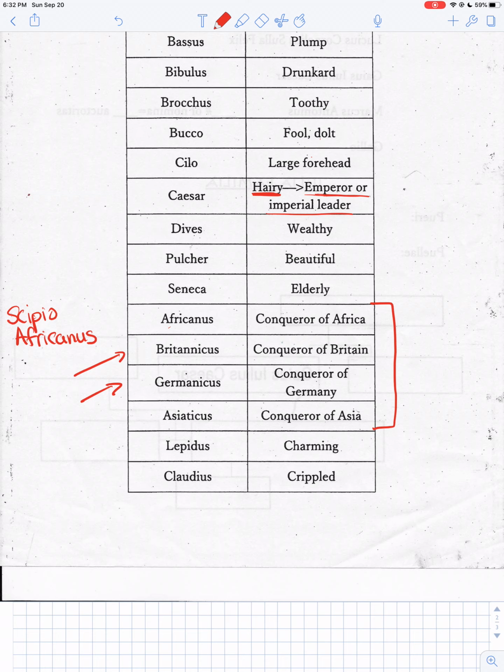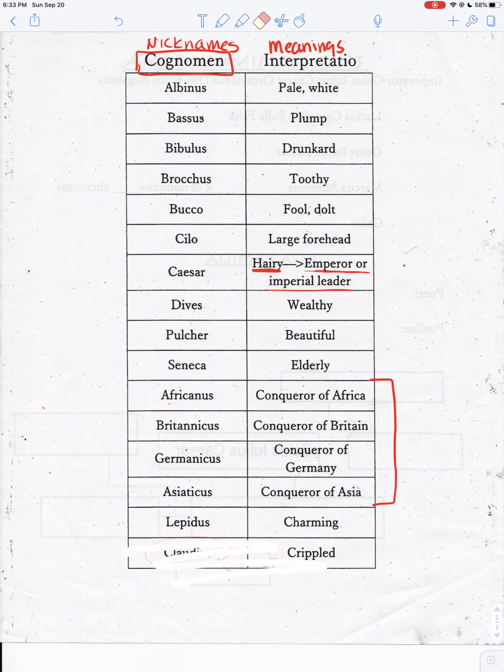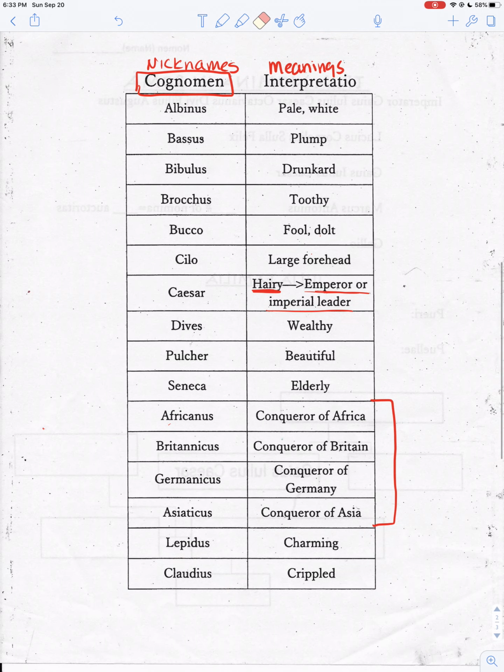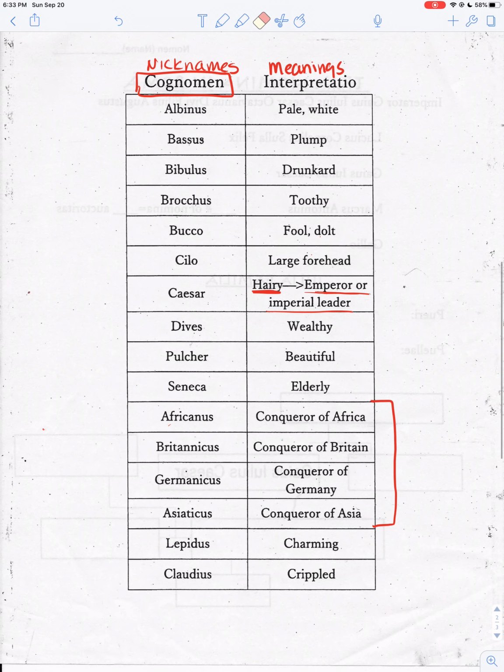So keep in mind Claudius when we go over and talk about the emperors later on. His name really means crippled, and you'll see why, because people thought he was crippled. So there are reasons why people are called these names.